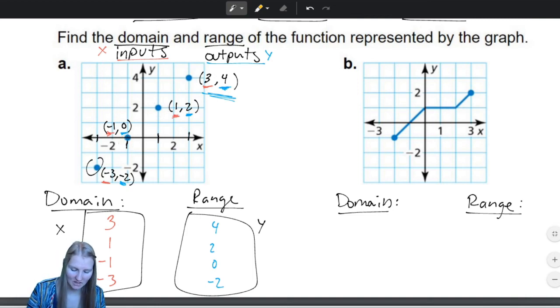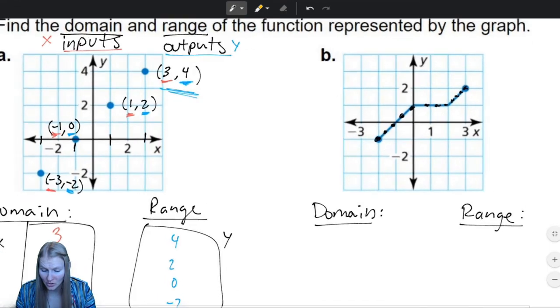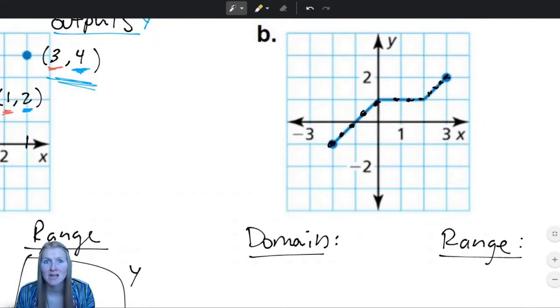In the second example, there's only 2 points, but there's a line in between them. How am I supposed to find the coordinates of every single point on this graph? That's a lot of points. Do I have to do that? No. No, I do not.